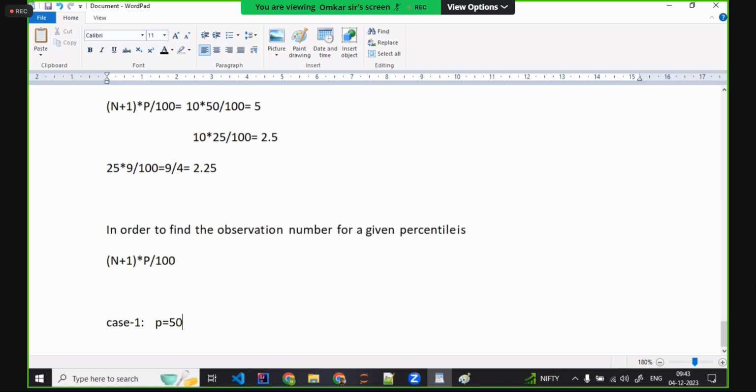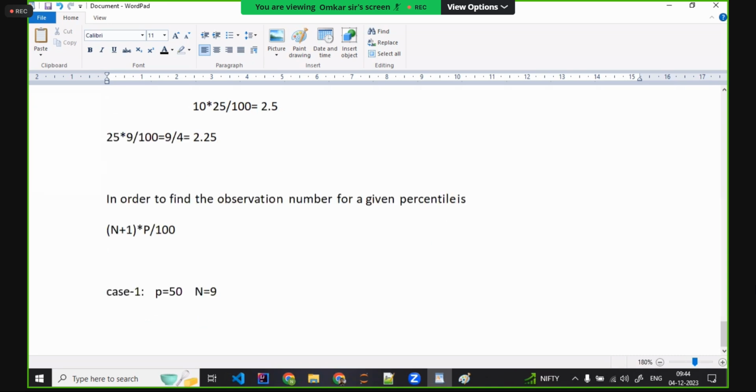P equal to 50, and N equal to 9. Let's come to here now. 9 plus 1 into 50 divided by 100.